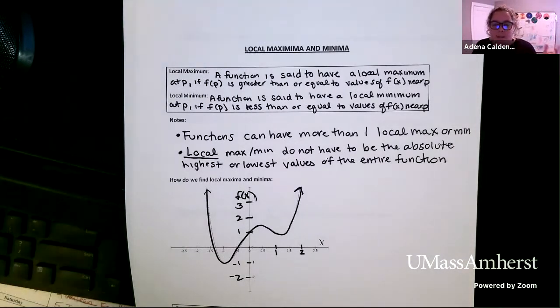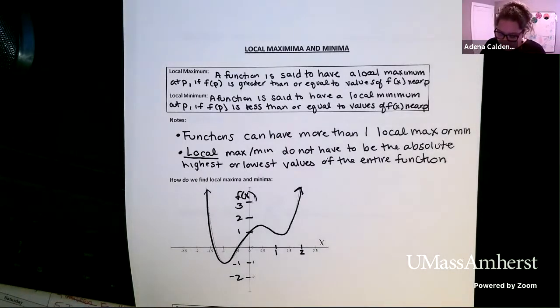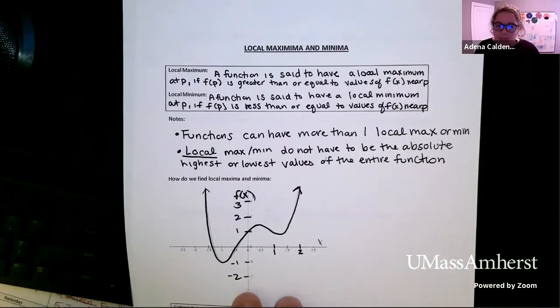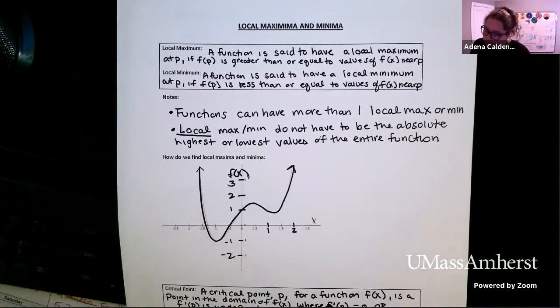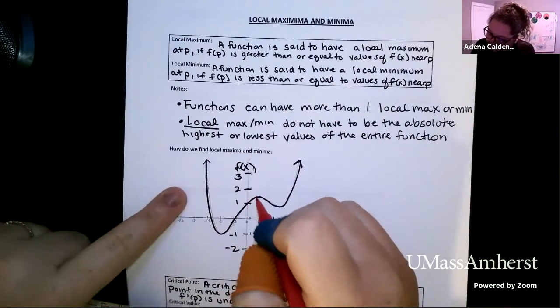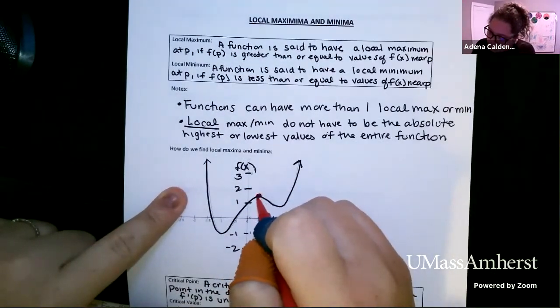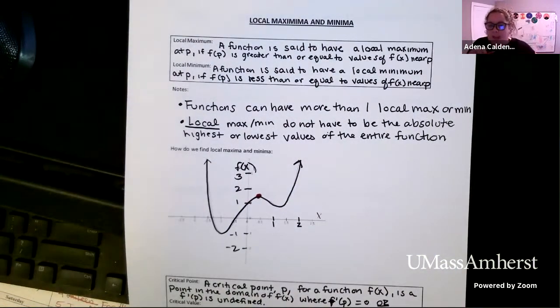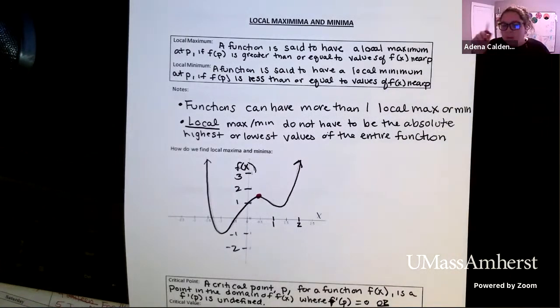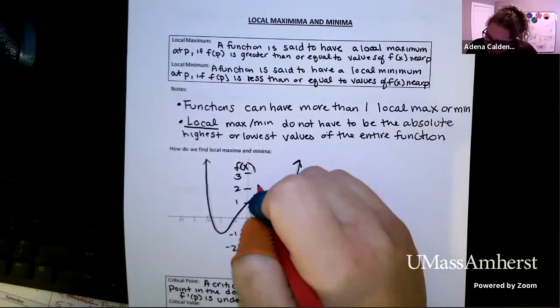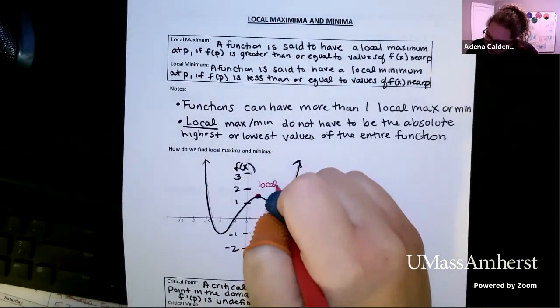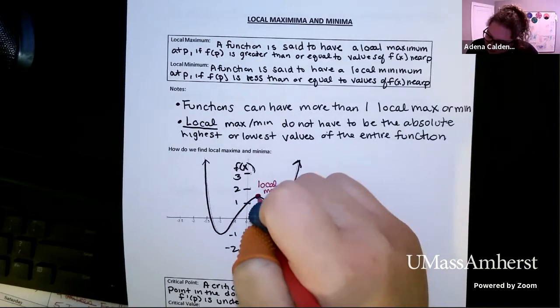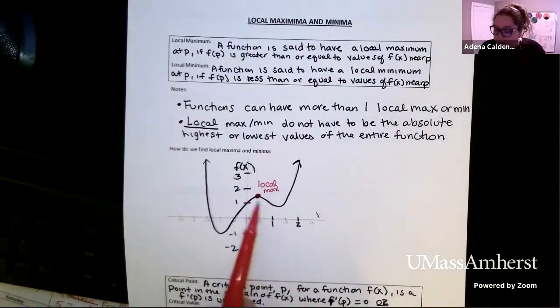So what is a local max and a local min? Looking at this picture here, we have a function, it's kind of curvy. If we're talking about a local maximum, we're looking for a point where it's higher than all the points around it. This is going to happen when you have sort of a hill in your function. You're going to get this local max, because that's higher than the points near it.